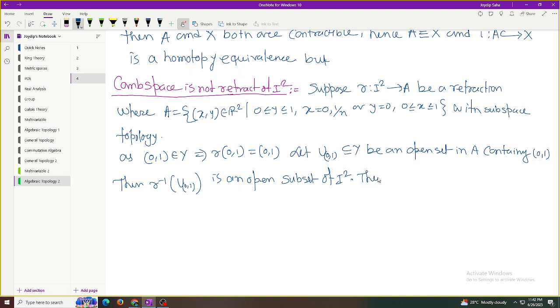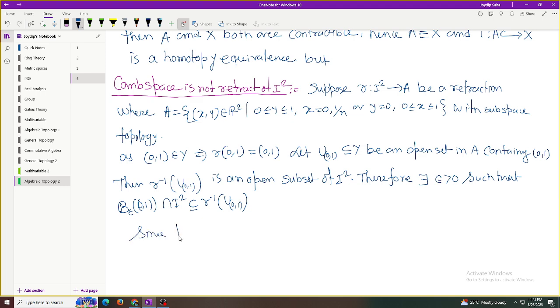Therefore, there exists epsilon greater than 0 by the Archimedean property such that the ball of radius epsilon centered at (0,1), intersected with I square, is a subset of R inverse U(0,1).